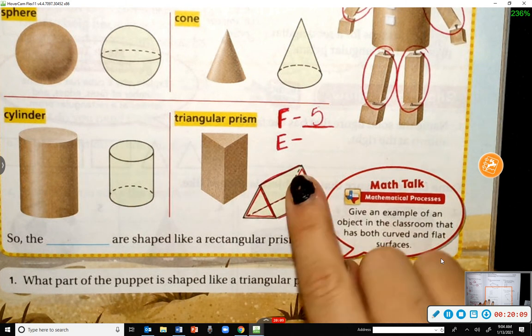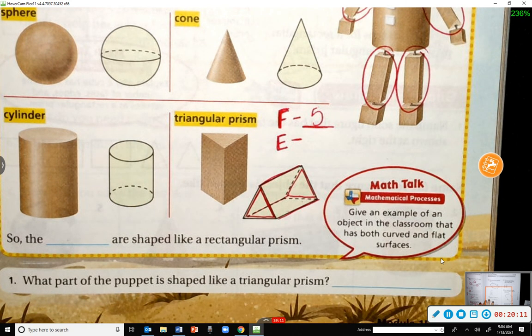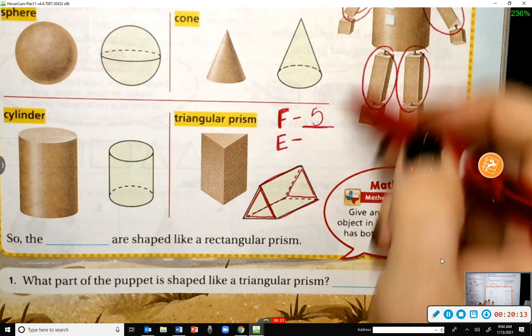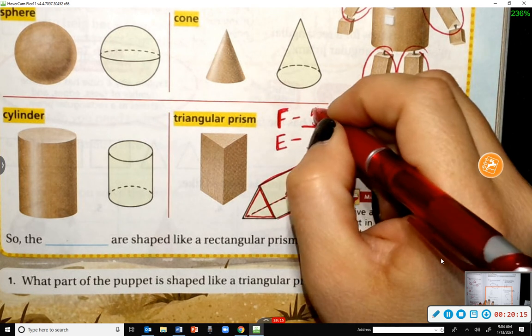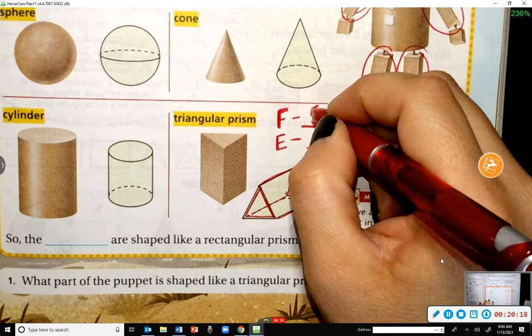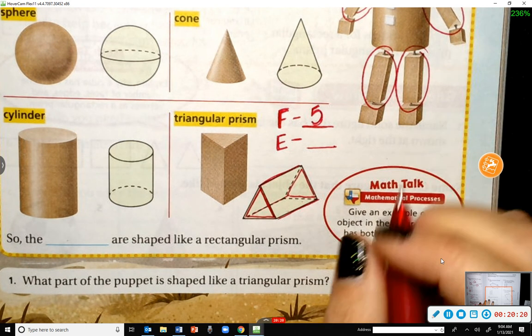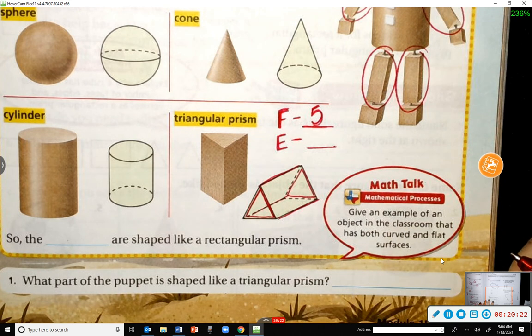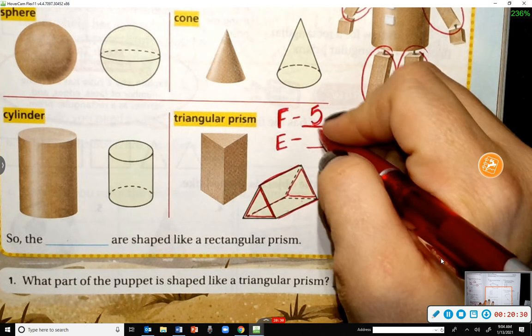Don't forget to count the top and the dashed lines. Okay, what'd you get, Kaylee? 6? No, 9. 9 was correct.